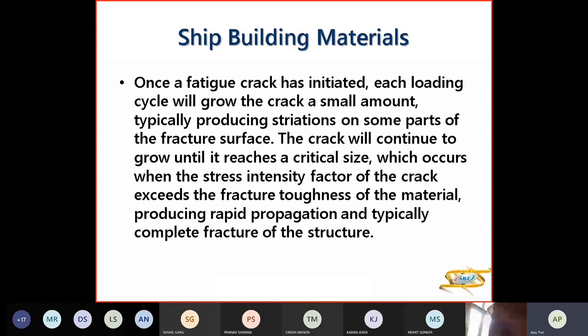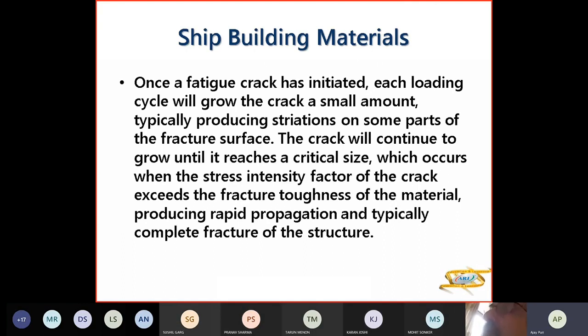Once your fatigue crack has initiated, it is going to increase with each loading cycle, and the crack is going to continue till it reaches a critical size. So if you stop loading, the crack is not going to continue. In brittle fracture, even if you stop loading, the crack still continues. In ductile fracture, the crack will not grow if you stop. In fatigue also, the crack will not grow if you stop.